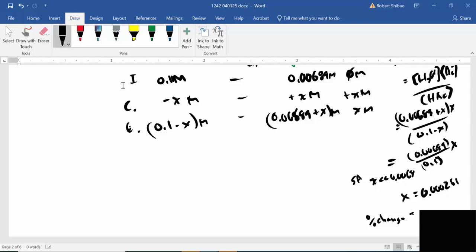The percent change is going to be 0.00689 is the initial. So this will be x, which is 0.000261, divided by the initial, which is 0.00689, times 100%. So let's divide this by 0.00689 times 100. 3.79%.